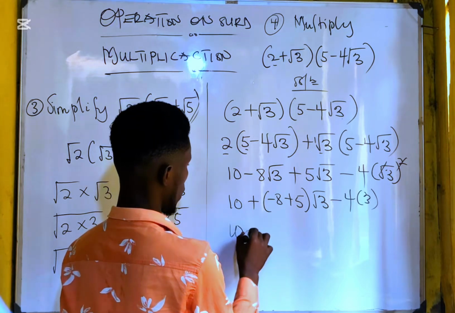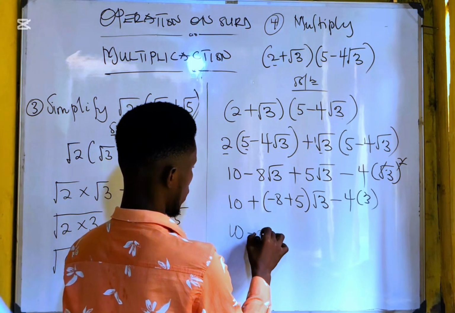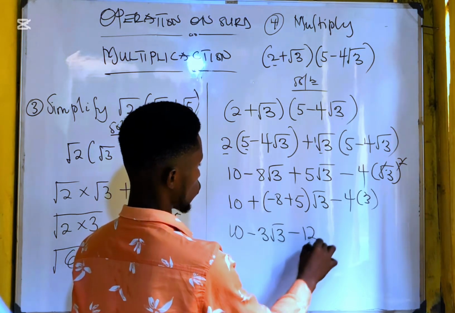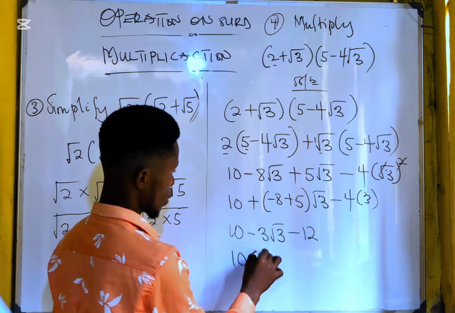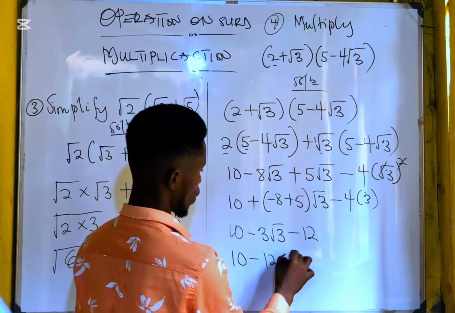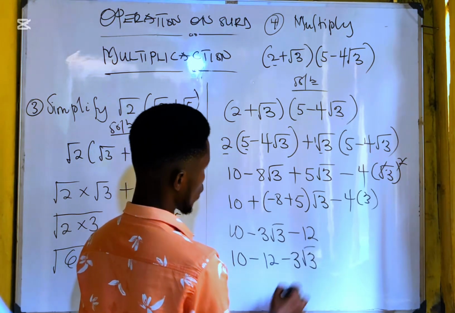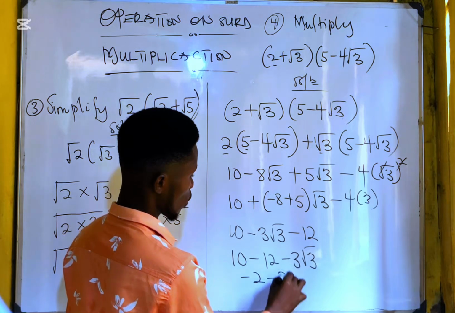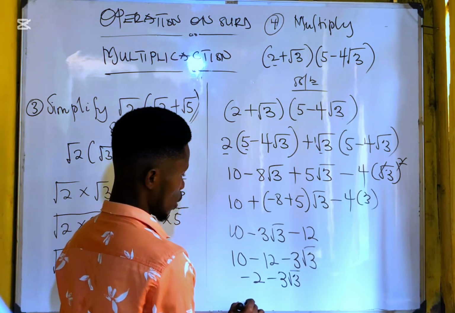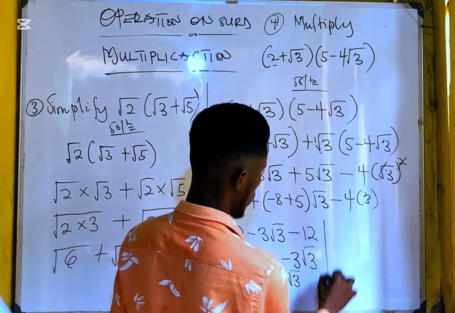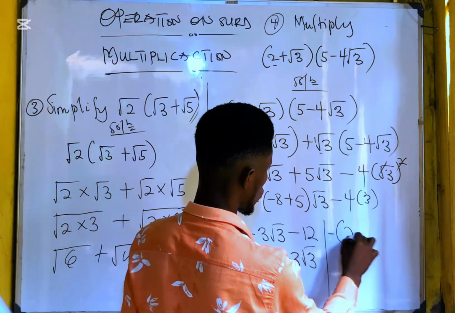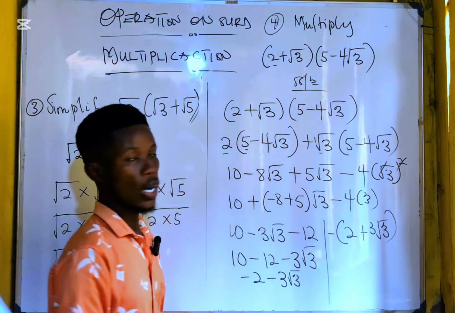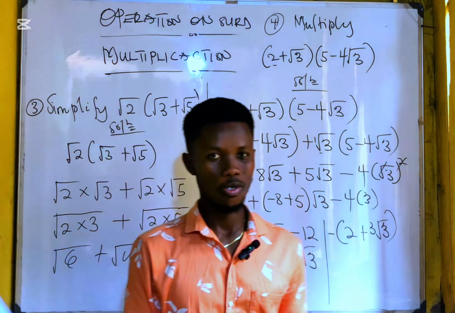So you have 10 minus 3 root 3 minus 12. So that you have 10 minus 12 minus 3 root 3. 10 minus 12 is negative 2 minus 3 root 3. So you can factorize the negative out, leaving negative of 2 plus 3 root 3. So this becomes our final answer to this question.